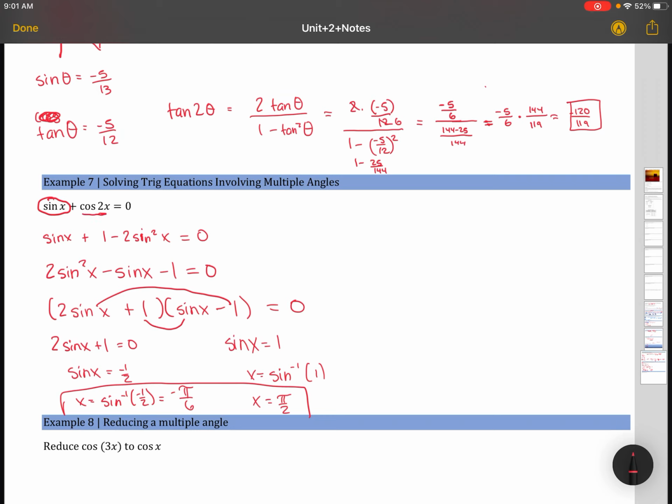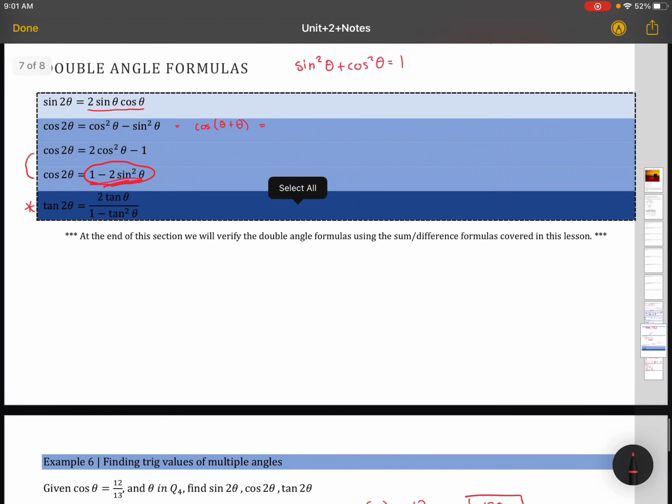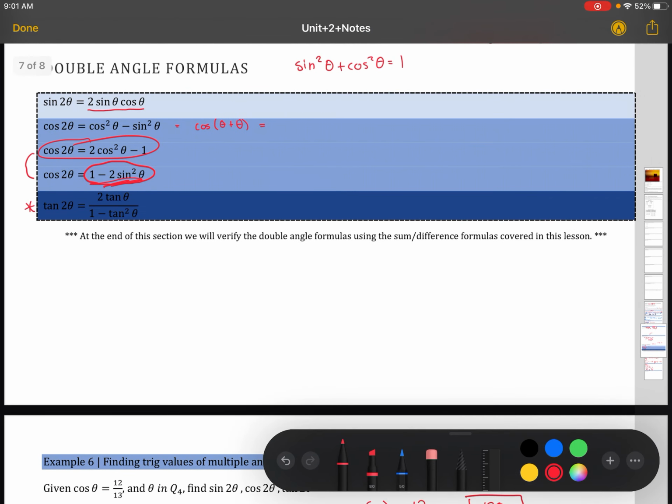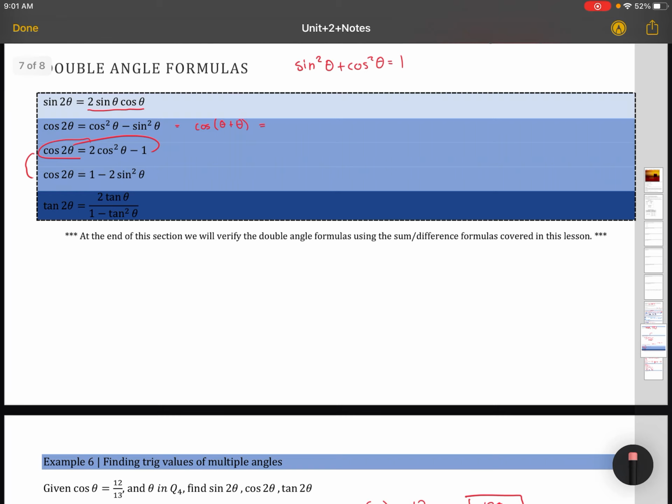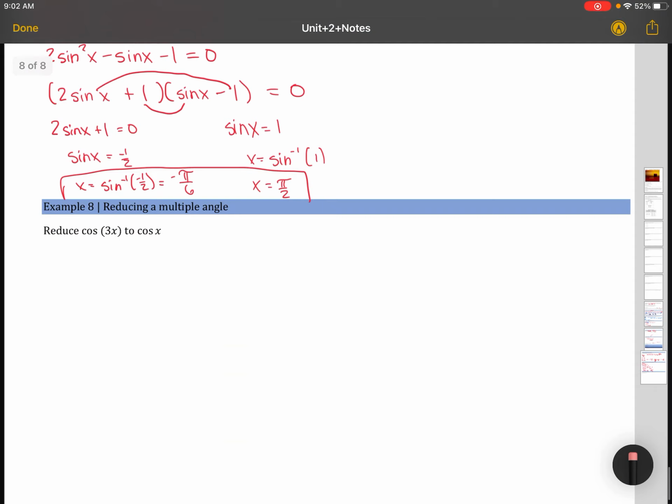So again, what we did here was we used the double angle formula to turn this into something that only had a sine, so we could solve that equation. If this sine x had been cosine, we would have used this formula instead, because we want to have one trig function whenever possible in our equation.